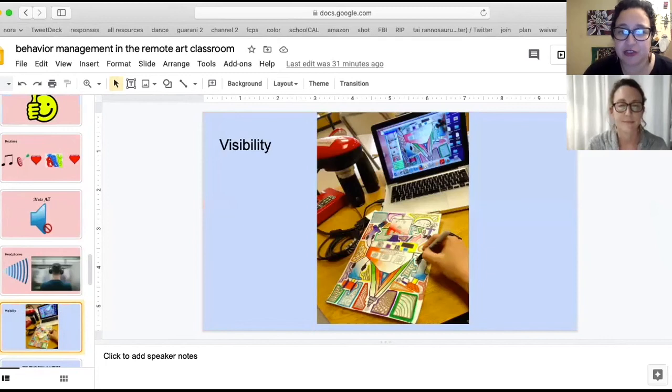Visibility is a huge concern that we need to address when we're teaching remotely. If students are not able to see your demonstration, and a lot of our lesson, while we're working together, the majority of the time, it is at the same time as I'm demonstrating with a document camera.